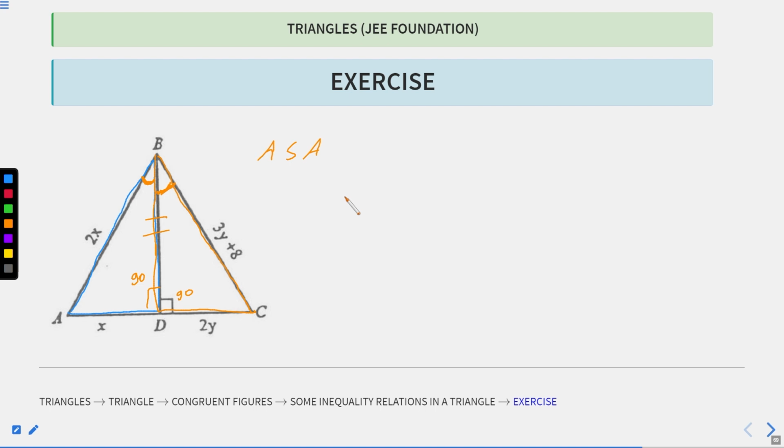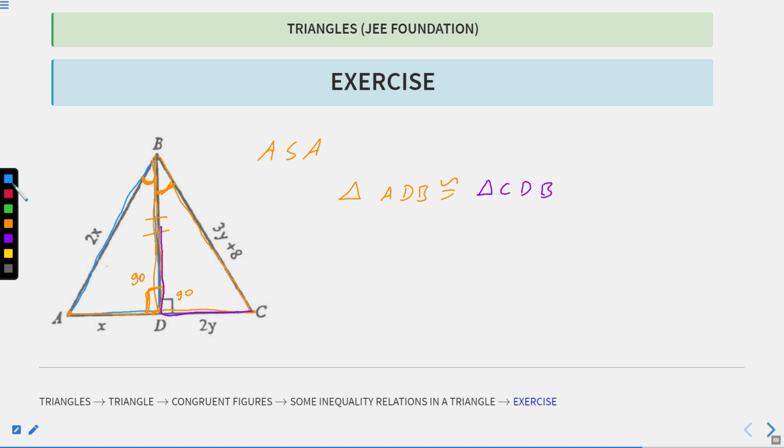I can say that triangle ADB is congruent to triangle CDB. I hope this is all clear.